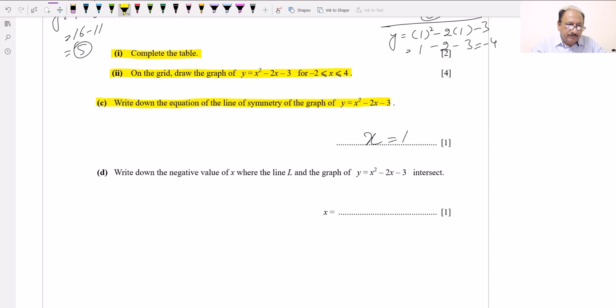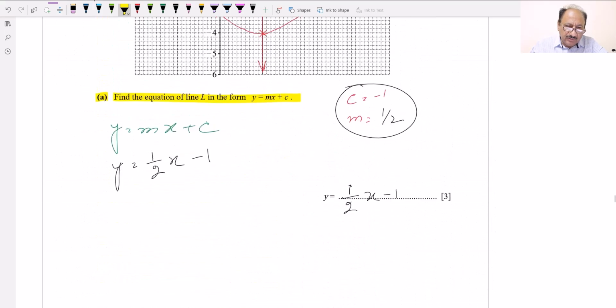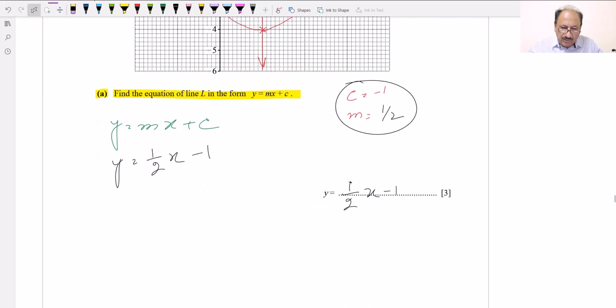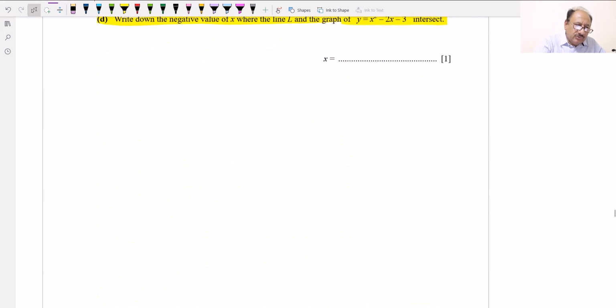Then write down the negative value of x where line L and the graph intersect. We can check the reference, and the negative value of x is -0.7. So we can write our answer -0.7, and this is for 1 mark. This is done.